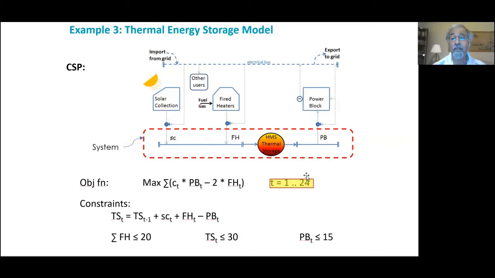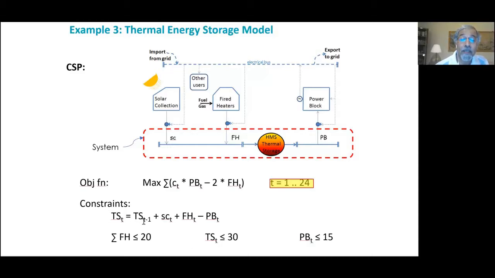So typically you consider 24 hourly periods, 24 hours in a day. There's only one objective function, and this would be the summation of all the profit, actually in this case, profit for the 24-hour period. And for constraints, there'll be 24 constraints, one for each time period. The constraint has to do with how much thermal storage there is in each period.